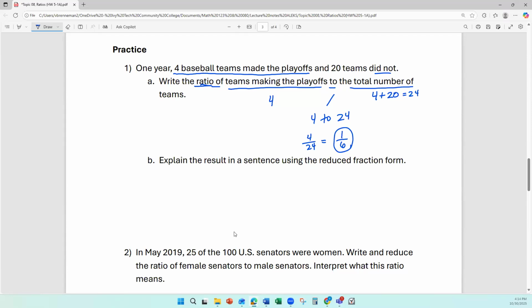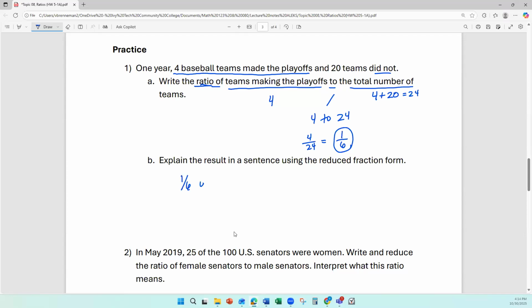So in a sentence using the reduced fraction form, we could say something like, because in this case, the 4 teams that made the playoffs are a smaller part within the 24 that total, we do that type of sentence where we're saying this is 1/6 of the whole.